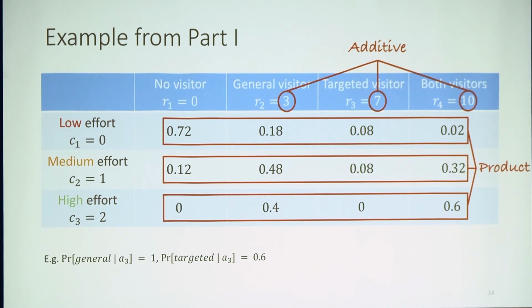If you take action 3, then you hit a general visitor with certainty, a targeted one with 0.6, so that you only see a general visitor would be 1 times 1 minus 0.6, so 0.4. That you just see the targeted visitor doesn't happen, because you always see the general one, and you see both with probability 0.6.